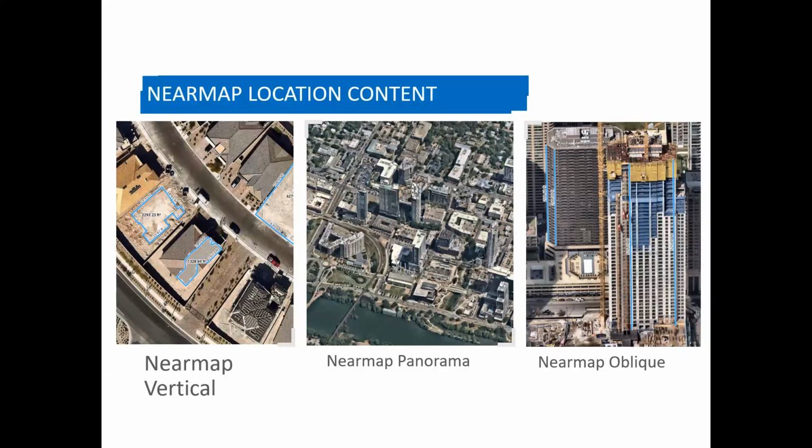And in the center, the panorama is an uninterrupted pan and zoom stitched mosaic of the obliques, but it is really for visualization purposes only. Whereas the obliques on the right-hand side have that 2.2 inch GSD resolution where you're able to make accurate measurements, measuring height and width.